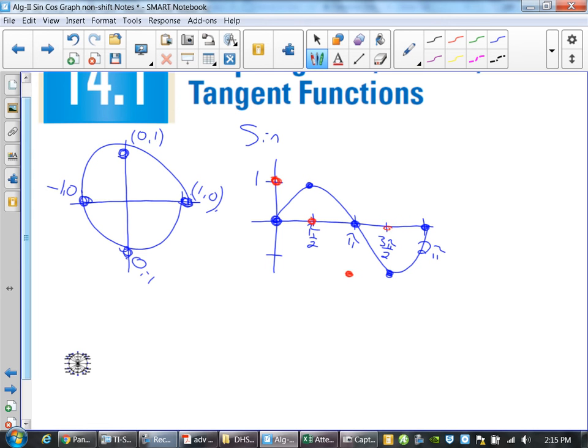If you want to think about it, isn't cosine sine shifted left 90 degrees? Watch. If I shift the sine graph 90 degrees over, I'm at a cosine graph. If I shift cosine 90 degrees the other way, I'm at a sine graph.